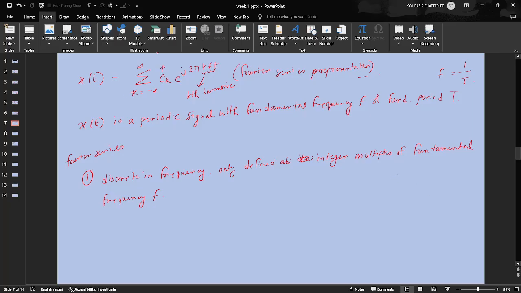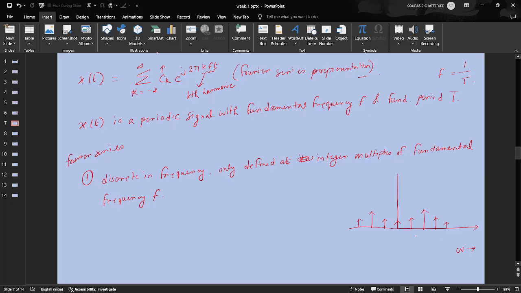So if I try to plot x(t) in the frequency domain, let me say in terms of omega, we can see here that there is this point here, this point here, this here, and something here also.